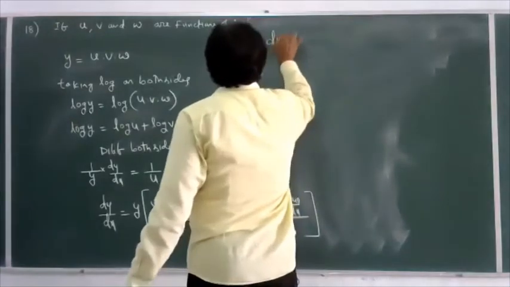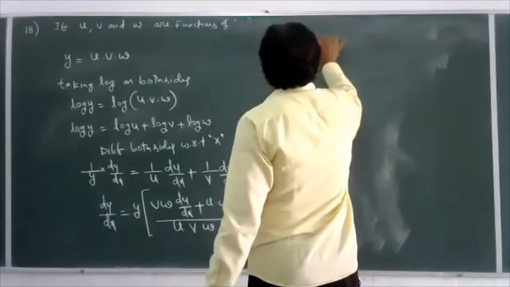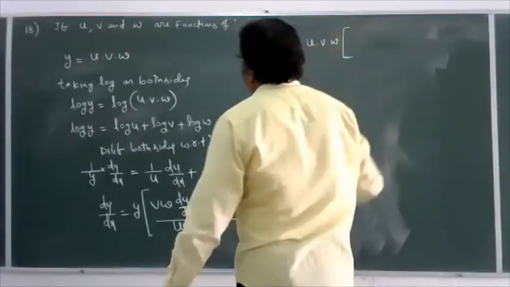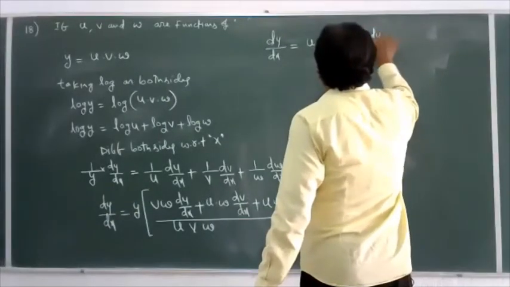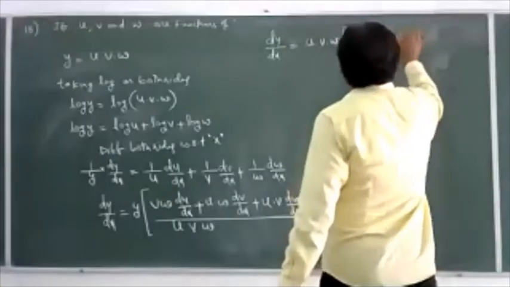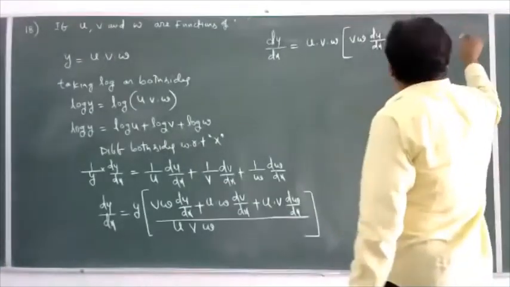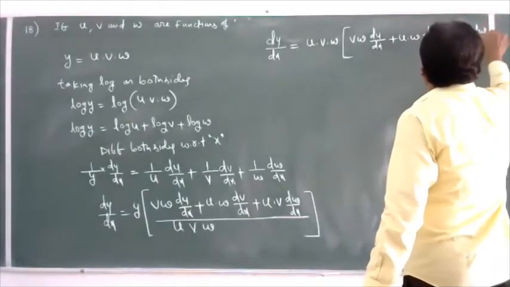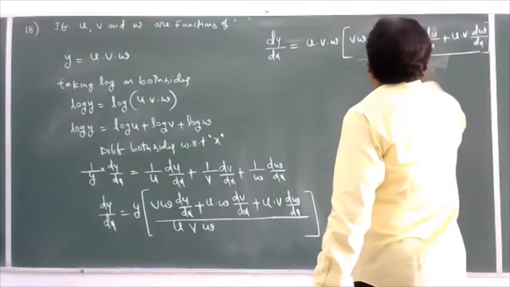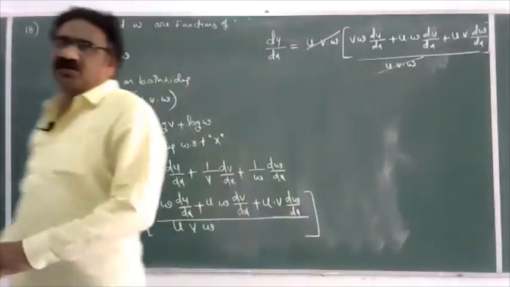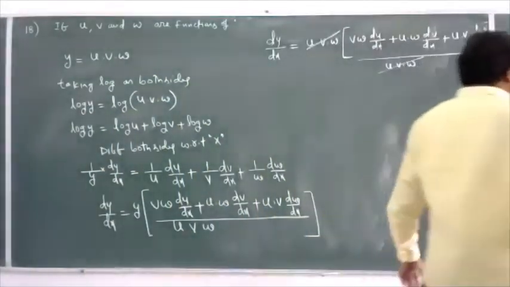So that is dy by dx is equal to y, and what is y here? u into v into w, into vw into du by dx plus uw into dv by dx plus u into v into dw by dx, by u into v into w. These two terms are cancelled, uvw cancel. Then you write this is the required differentiation.